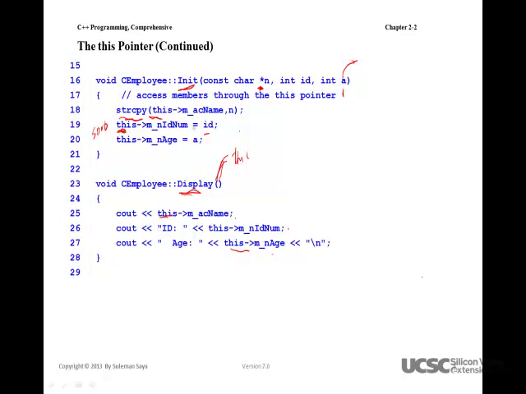Not exactly 5,000, because the compiler will figure it out by using the base address, which is 5,000, plus whatever the array size is.